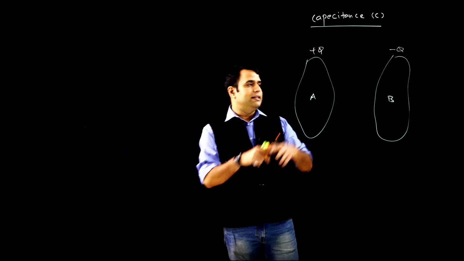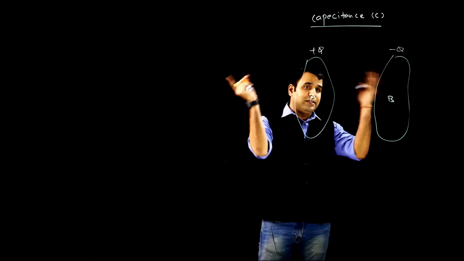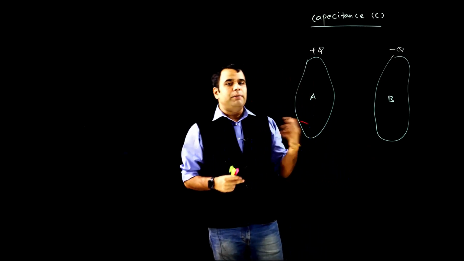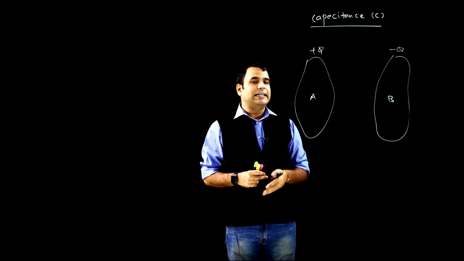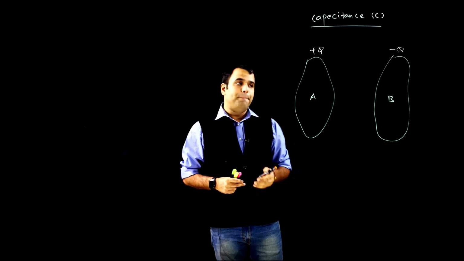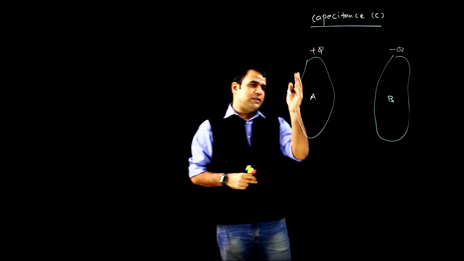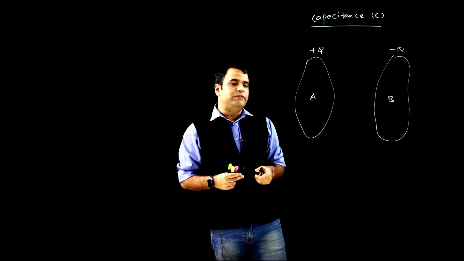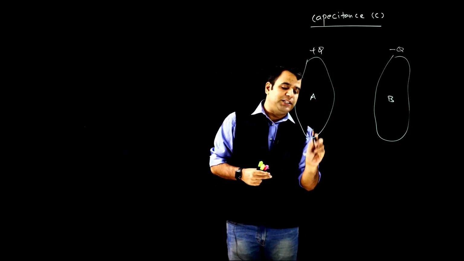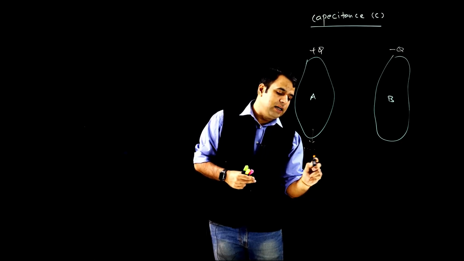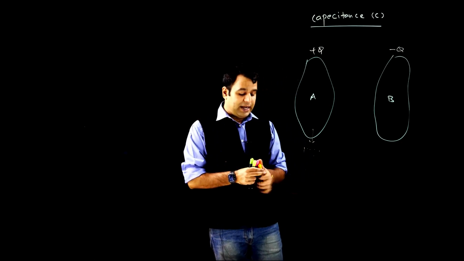And obviously in this whole universe, A, B plus outside, the maximum negative charge is onto the body B, and the maximum positive charge you can see onto the body A. We always assume this is a segregated system. So the body which is holding the maximum positive charge, obviously this will be at the highest potential.